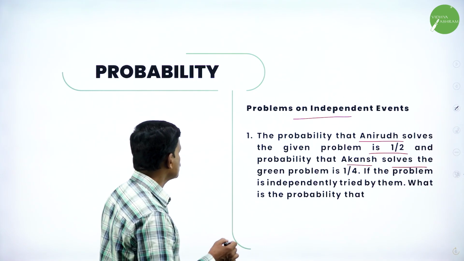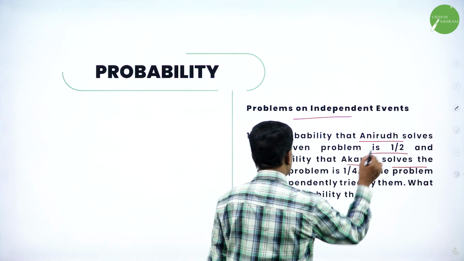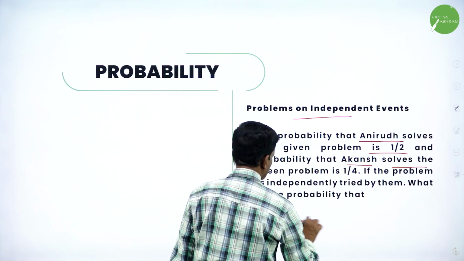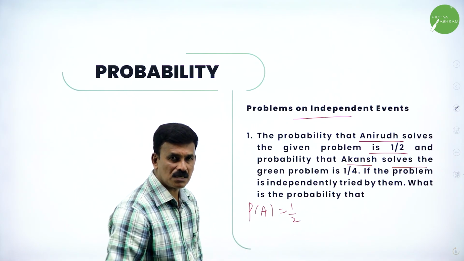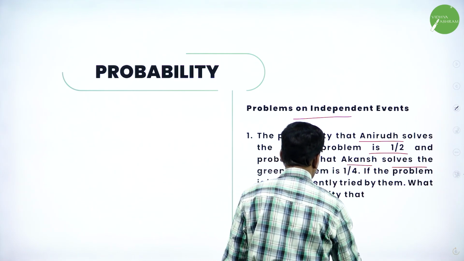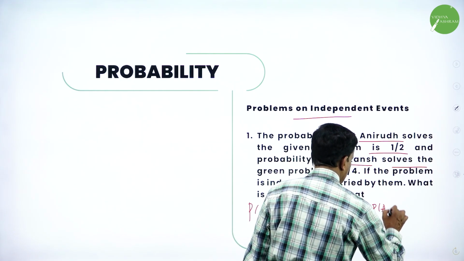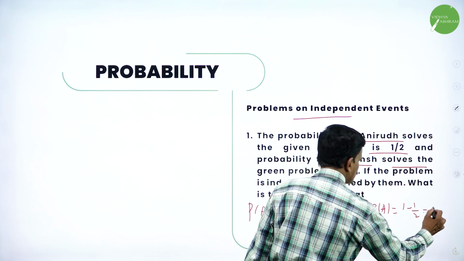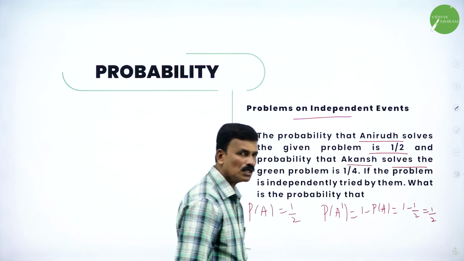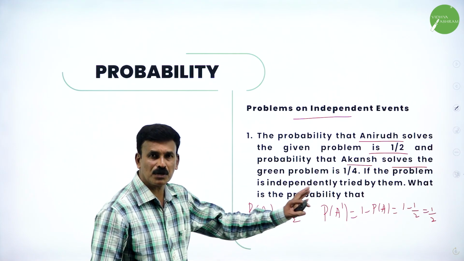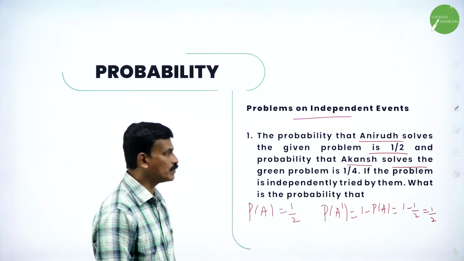Now, what is given? The probability that Anirudh solves the problem, let us consider P of A is equal to 1 by 2. If he does not solve the problem, P of A dash is nothing but 1 minus P of A, that is 1 minus 1 by 2, equal to 1 by 2. So the probability of Anirudh solving is 1 by 2, and not solving the problem is also 1 by 2.